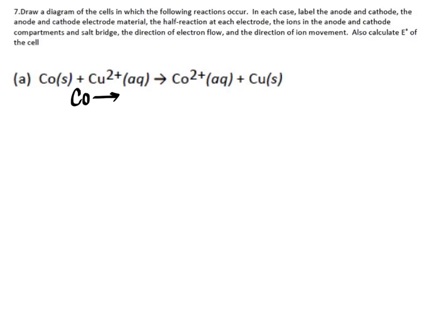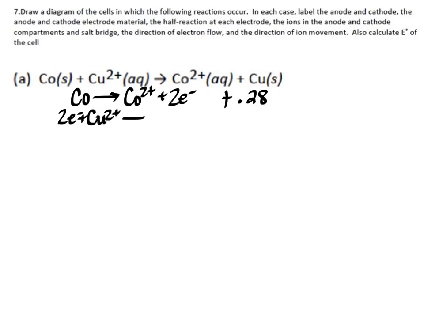So cobalt goes to cobalt 2 plus plus 2 electrons. Somebody go find that number. And we have negative 0.28, but it's flipped, so it's going to be positive 0.28.